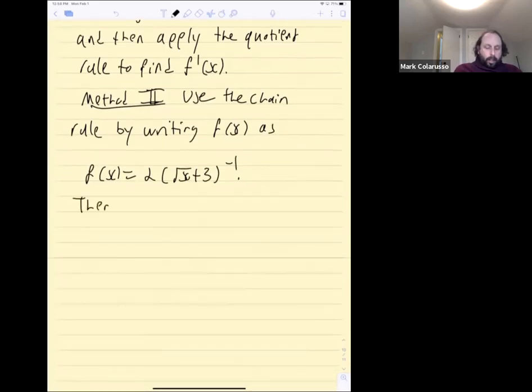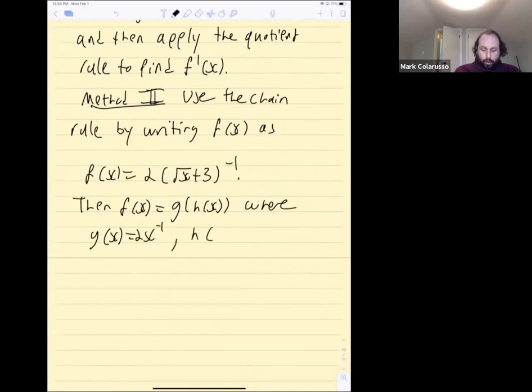Then f at x is g composed with h at x, where g at x is 2x to the minus 1, and the inner function h at x is the root of x plus 3.